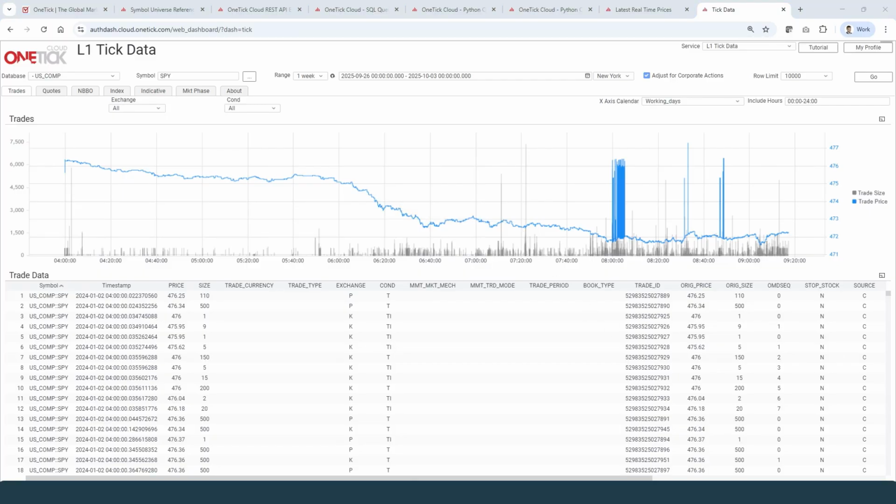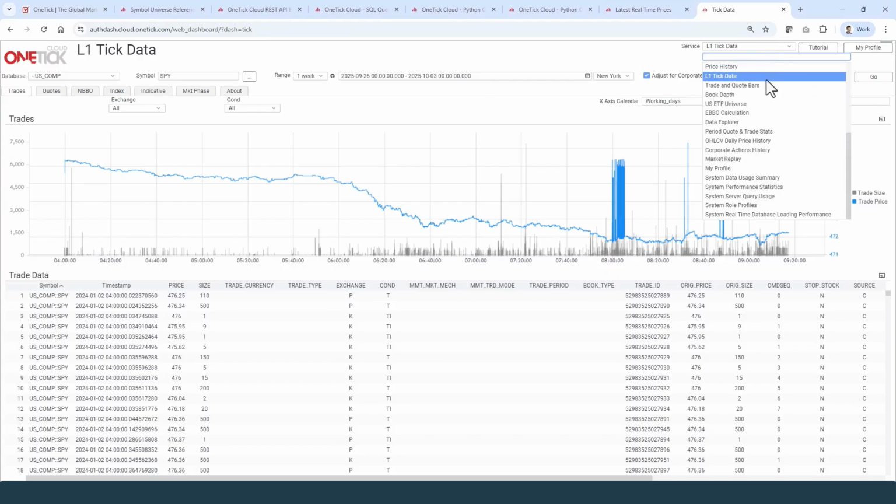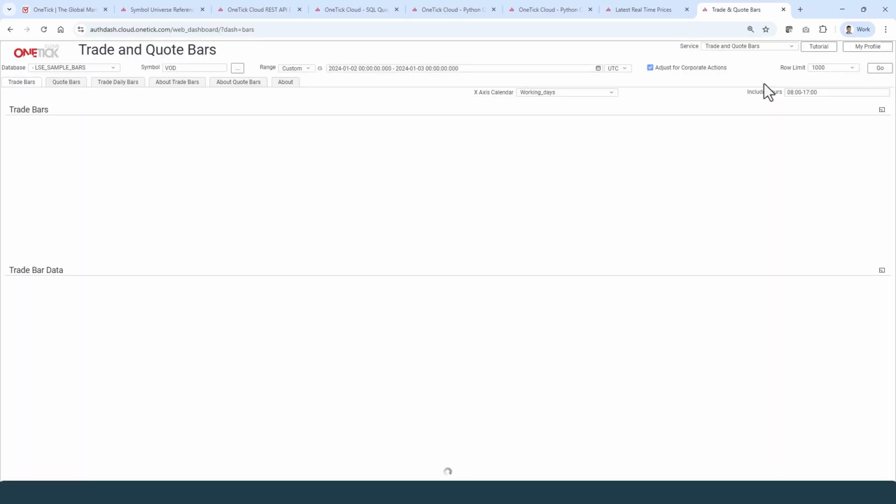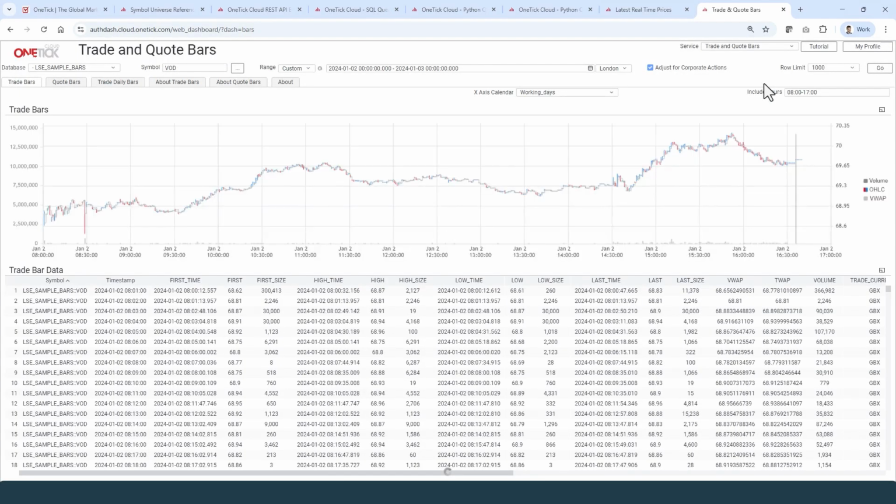So as well as the tick-by-tick, trade, quote, and BBO, we could also be looking at trade bars, where with the history, we're providing pre-calculated 1-minute trade bars, 1-minute quote bars. With real-time, we also provide access to real-time quote, real-time trade bars.